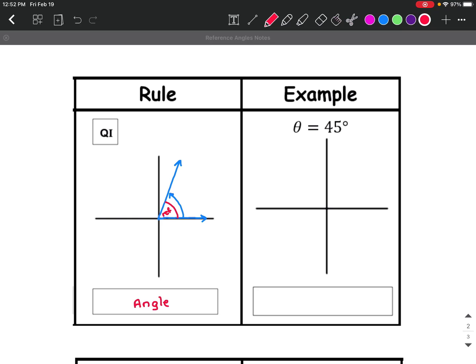Okay, so for instance, let's say we have an angle of 45 degrees. So we rotated 45 degrees in this direction. Well, the quickest path back to the x-axis is that same angle, 45 degrees, and that's our reference angle. First quadrant is the easy one.